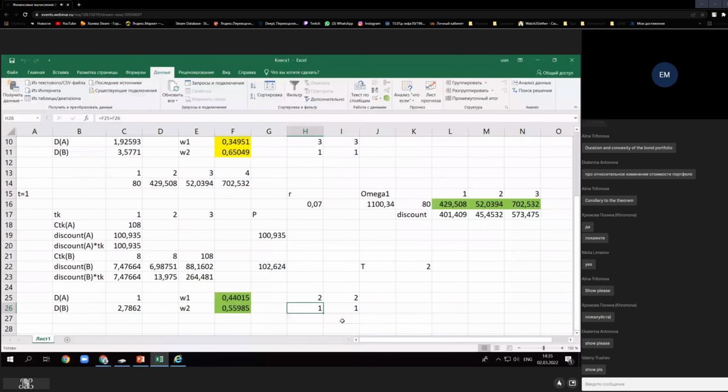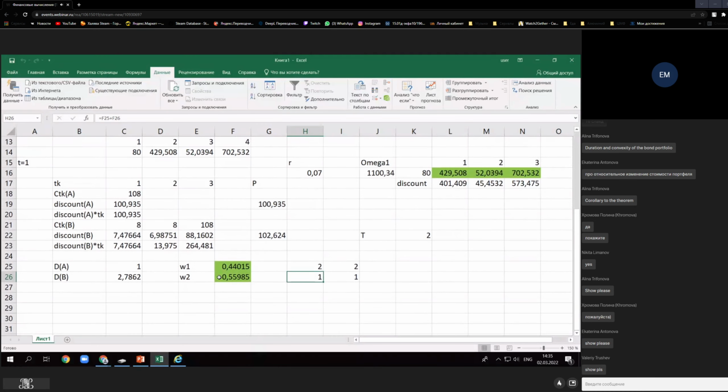Good. What do we have at this moment? We should make the rebalancing of our portfolio. It means we should calculate with new cash flow. We will have 3 future payments of our construction, and we will calculate them using this sum and using these weights.